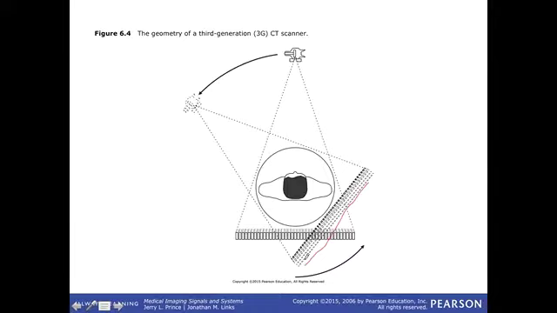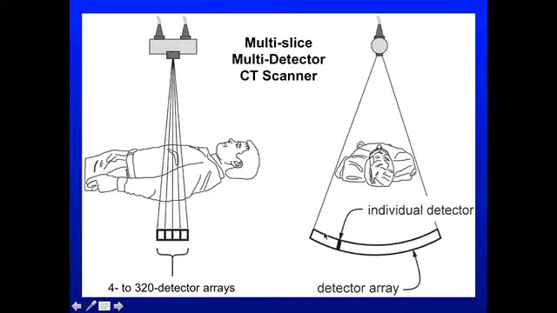It's much faster. But normally what a CT scanner does is that this whole gizmo with the X-ray source and the detector usually rotates around the patient, right? And that rotation speed nowadays is usually about 280 milliseconds for one complete rotation. And so the third generation scanner is kind of where it stopped.